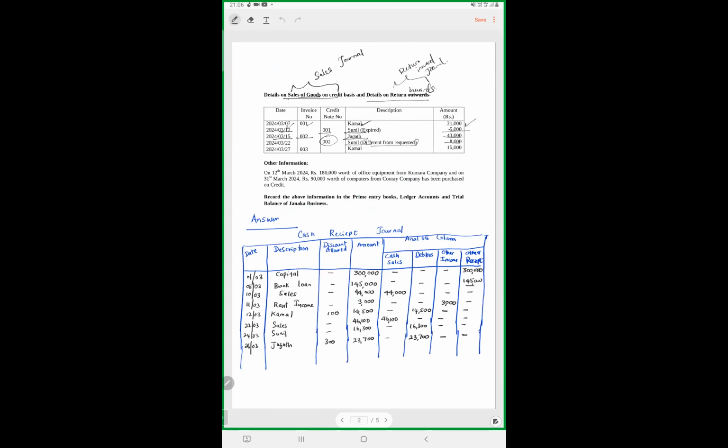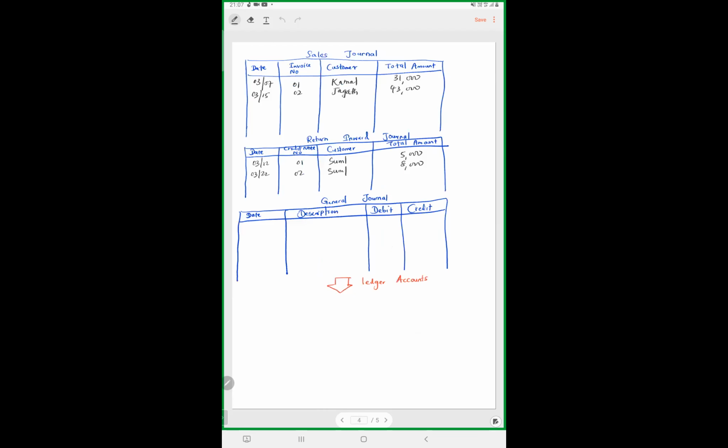The final one, we have sold to Kamal. Amount is 15,000. 27 March, invoice number is 3.